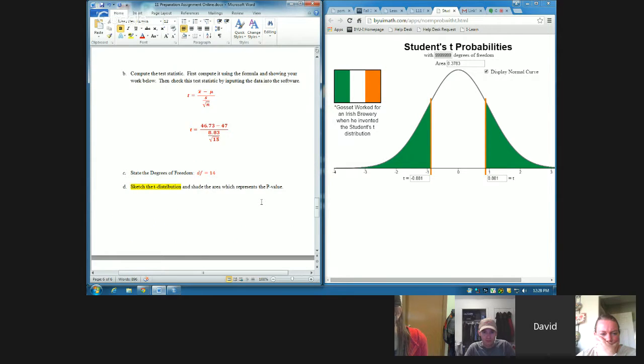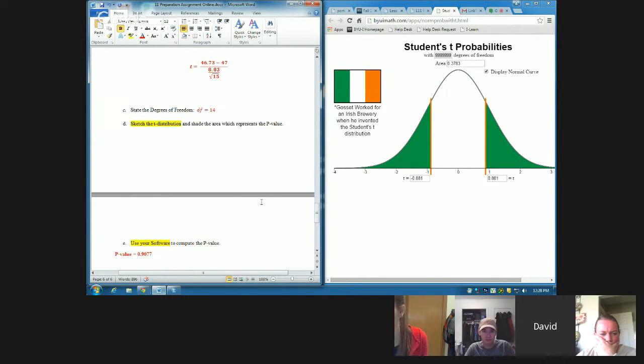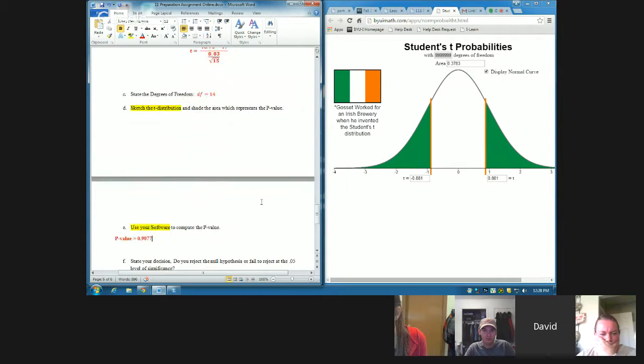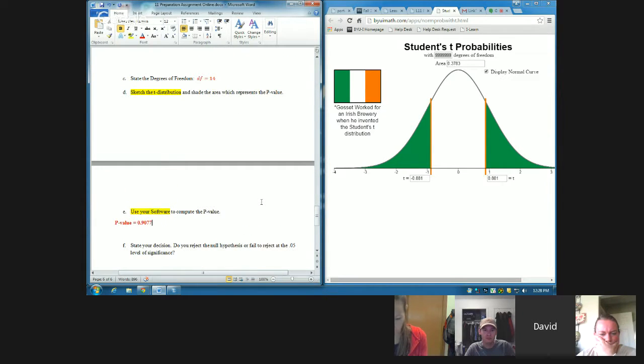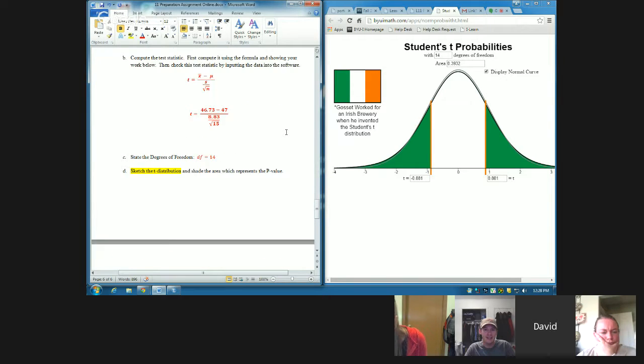So then, can we go over D real quick on sketching the area for the p-value? Yeah, this is the last part I needed to do. E?